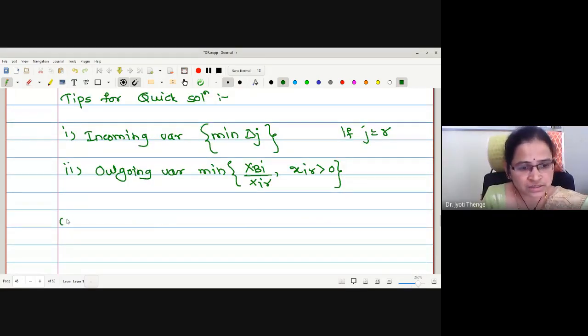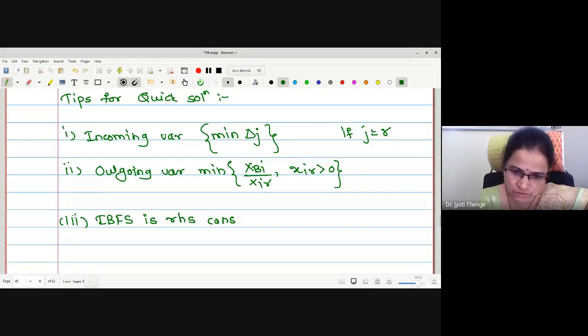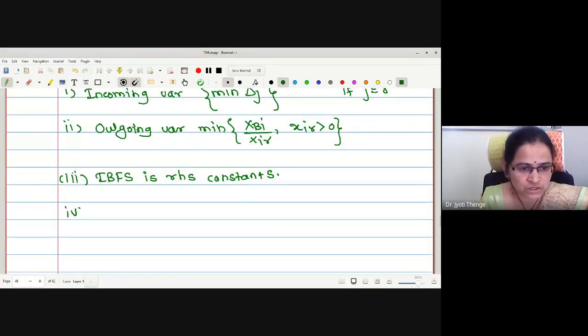Third tip is for the first table. IBFS is nothing but the right hand side constants. Then what for delta j?